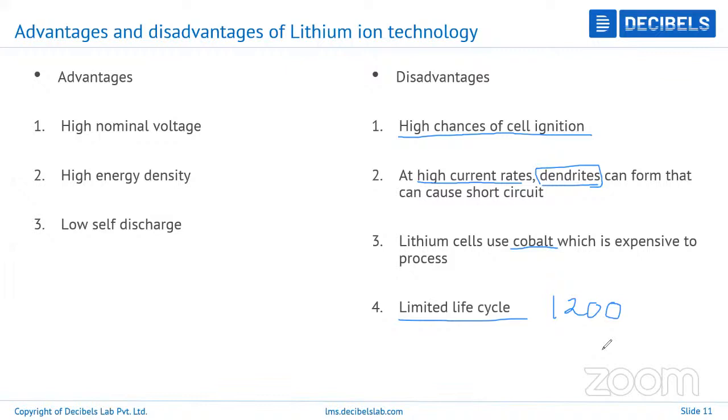But you would not get this in reality, because you would be using the cells in different conditions, different atmospheres, different temperatures, and the entire battery pack wouldn't be kept in perfect condition. So realistically speaking, it would give you something like 1,200, or an average of about 1,500 cycles. So this is one of the other drawbacks of lithium ion cells.